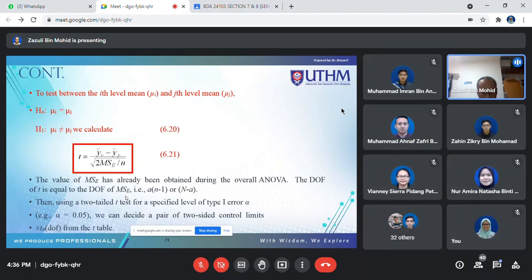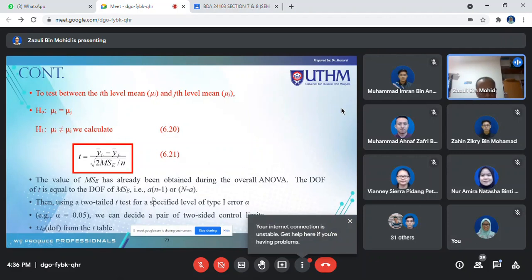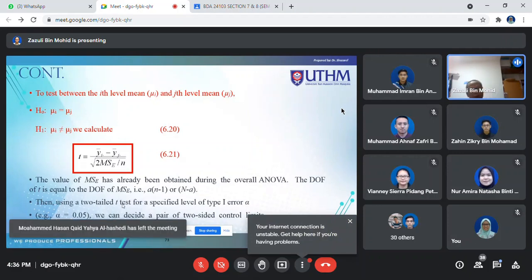The value of MSE, we can obtain from the overall ANOVA. The DOF of t is equal to the DOF of MSE. So we have to look back at the calculation of degrees of freedom, so we can have the t value to compare.